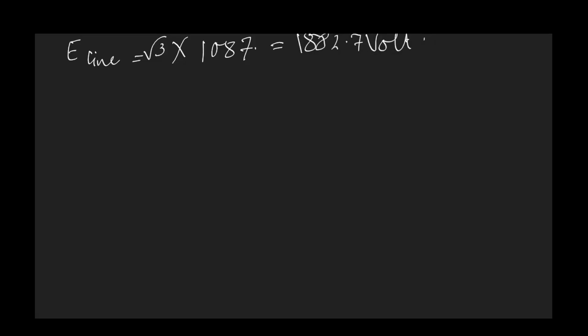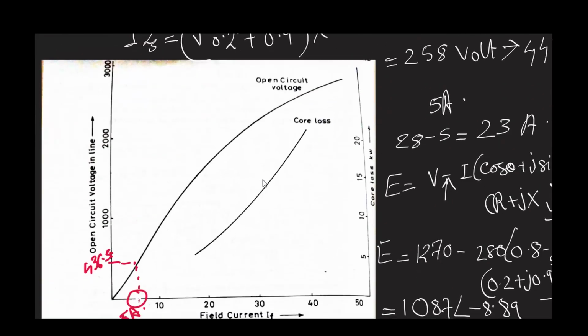Now what we need from the OCC, which we have already shown here, from these we have to figure out what is the value of that corresponding 1882.7. So 1882.7 may come somewhere here. From that we need to find out the value of the corresponding field excitation.